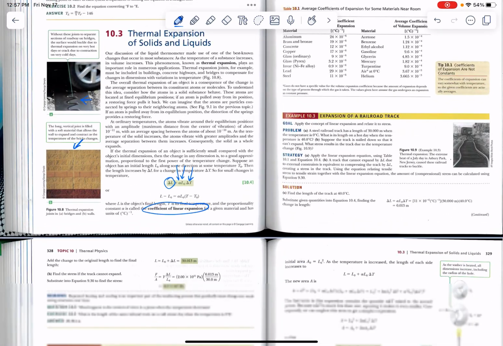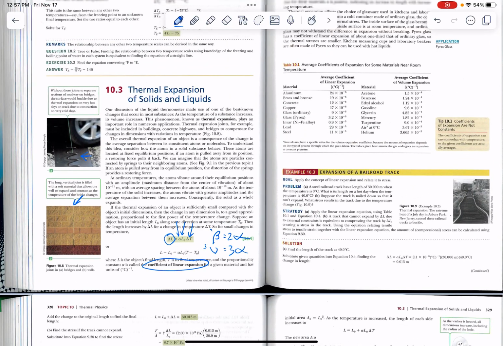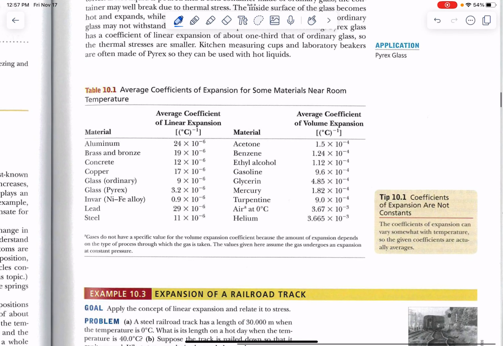The thing to remember is that the area expansion coefficient is going to be 2 times the linear expansion coefficient, and the volume expansion coefficient is going to be 3 times the linear expansion coefficient, because volume is 3 dimensions and area is 2 dimensions. And so these math problems are pretty easy, and here you can see and compare some of the coefficients of linear expansion for different materials.